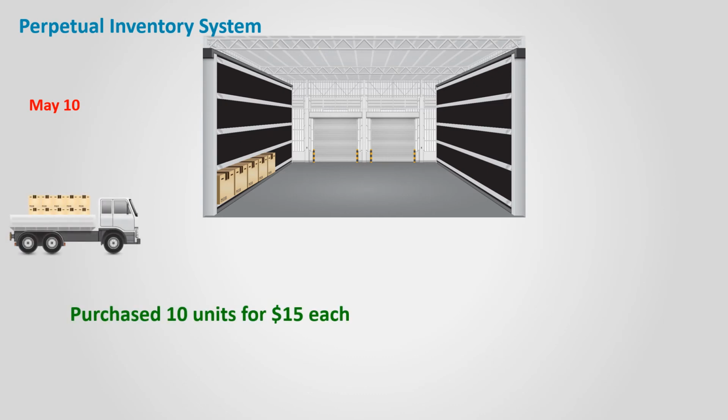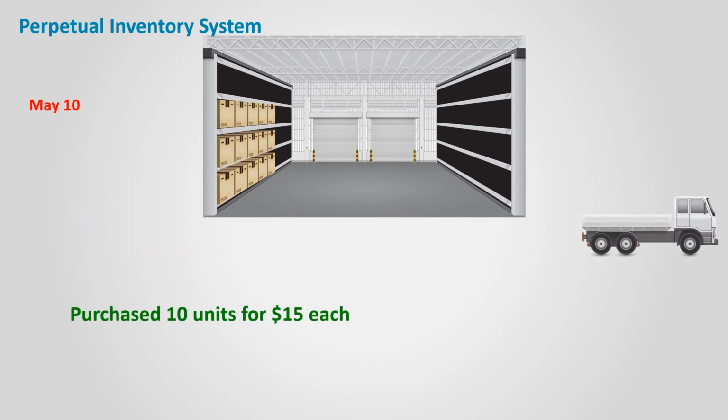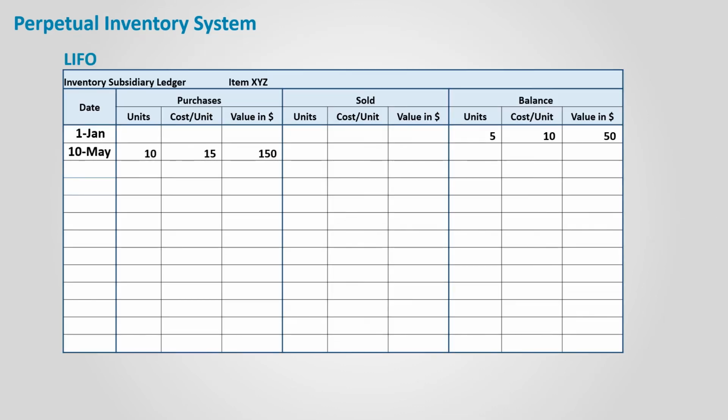On May 10, there is a purchase of 10 units for $15 each. Such information is recorded under the Purchases section as follows. The total value is $150. It is the result of the multiplication of the number of units by the unit cost.